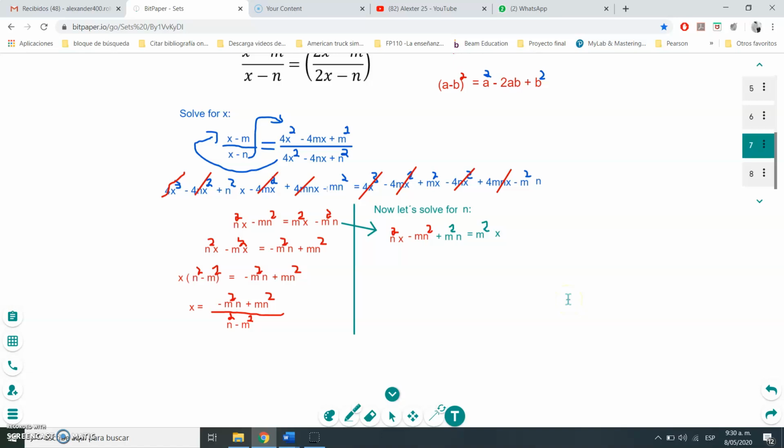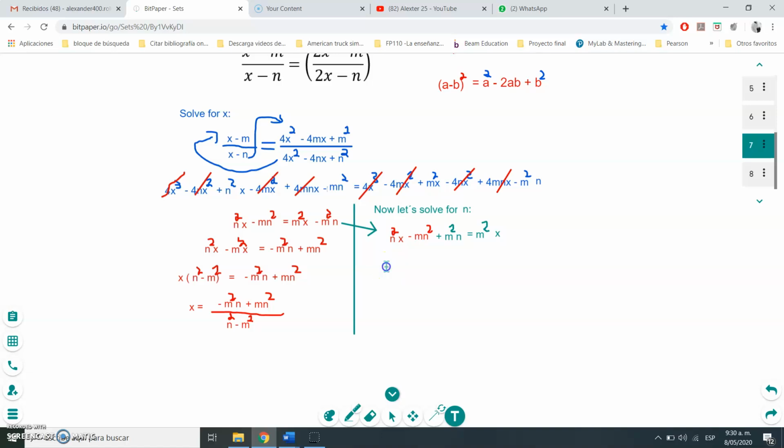Okay, now what can we do next? From these terms we have n squared x minus m n squared, so we can take a common factor between them, because they have the same term, n squared.